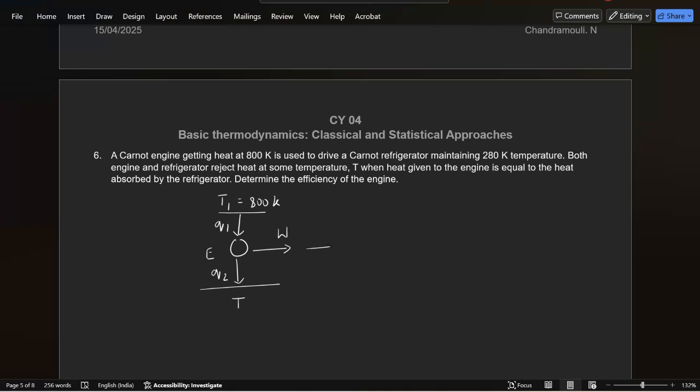And this same amount of work is taken up by the refrigerator, and then that refrigerator takes up heat, let me put it as Q2, from 280 Kelvin to 80 Kelvin, and then transfers this heat to a reservoir T. And what they're telling is the heat given to the engine is equal to the heat absorbed by the refrigerator.